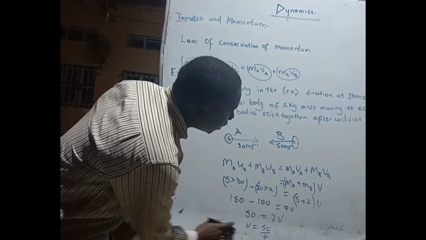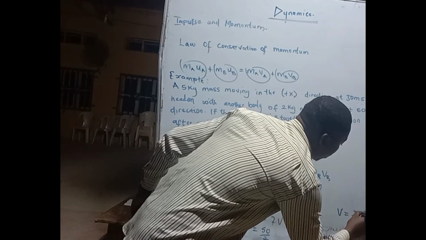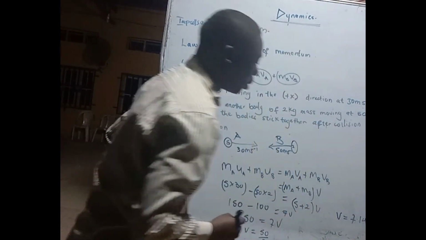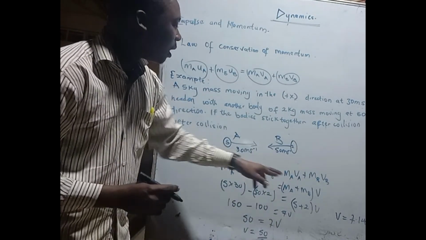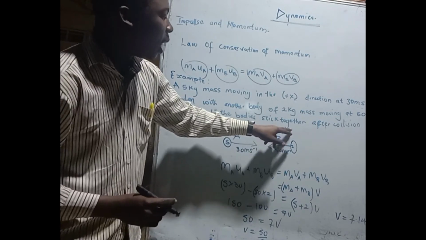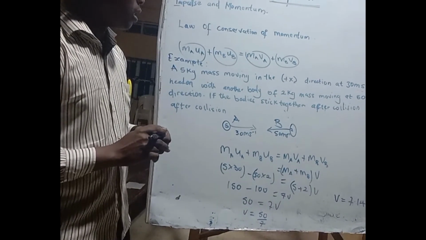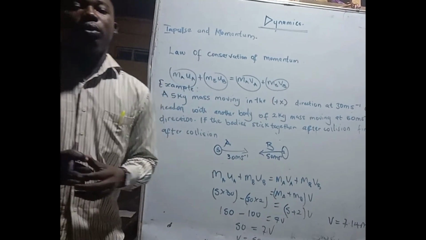Alright, let me write it here clearly for you to see. So the velocity is equal to 7.14 meters per second. Do we get that? It is because they said they stick together after collision. That was why the same velocity is applied immediately after collision. You all get that?